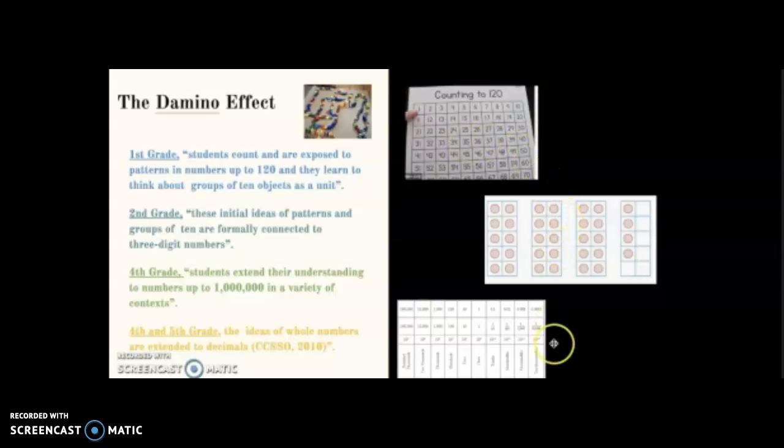From here, they learn that we have not just ones, tens, and hundreds, but now we are adding tenths, hundredths, thousandths, and ten-thousandths. This is where it really starts getting tricky, especially for students who haven't grasped the concept of where to place their numbers and what the place value is.